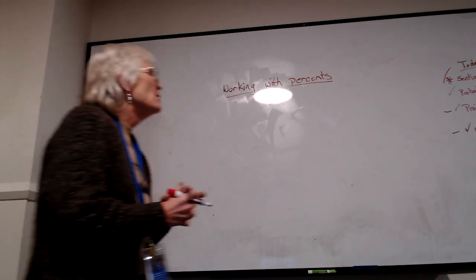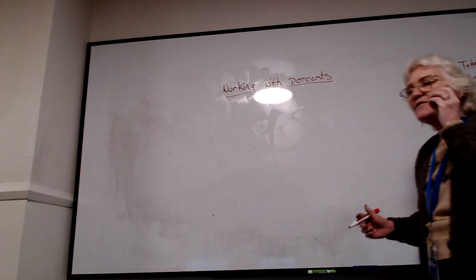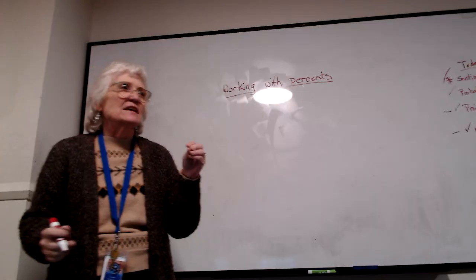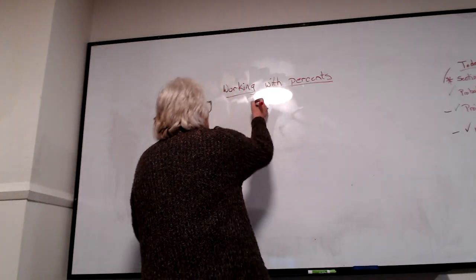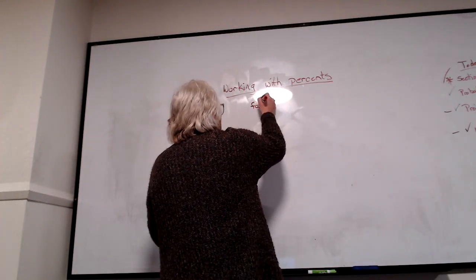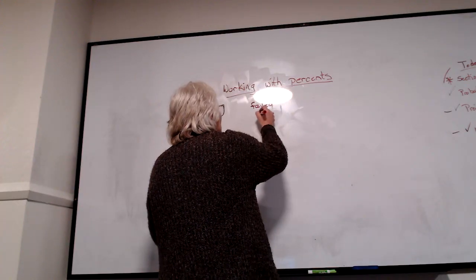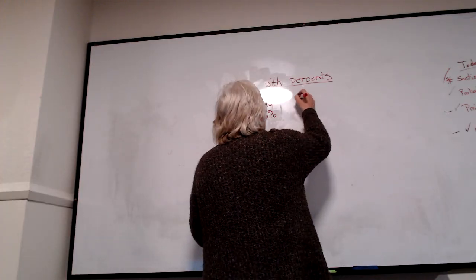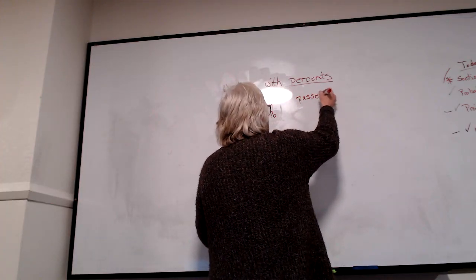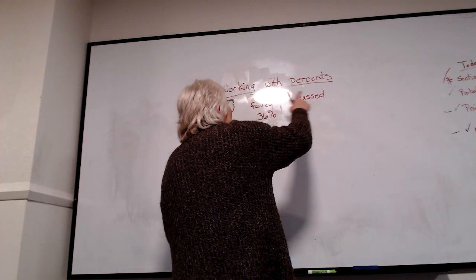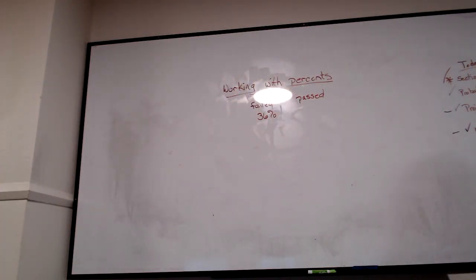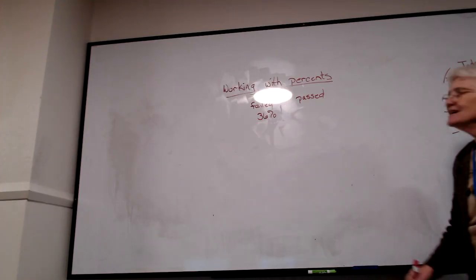Okay, so first thing is if you have percents of certain things, say something like this. If I give you what percent failed, if I say 36% failed, how many would have passed? If 36% failed, 64%.